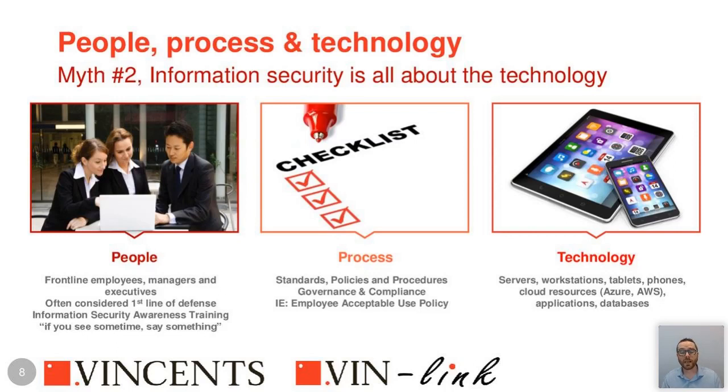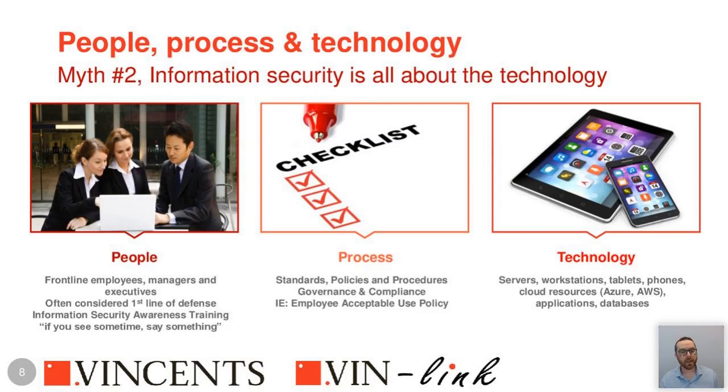Next is the process. So this is standards, policies, and procedures. This is where the people put the technology in motion, right? So the process is in between the people and technology. You can have people, you can have technology, but without process, again, technology can fall flat, or the people don't know what to do and how to handle the sensitive information.